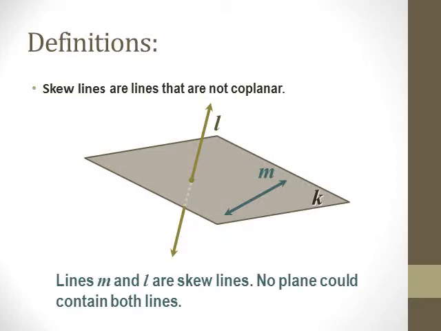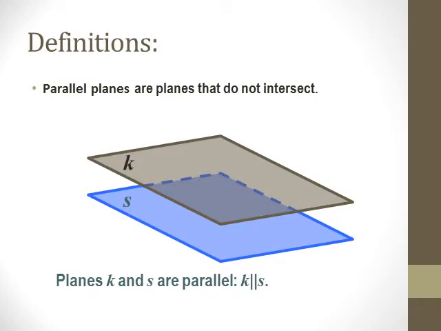So L and M are skew. We don't say they're non-coplanar, that's not a word, they're skew. Parallel planes are planes that never intersect. So plane K and plane S are parallel to each other.